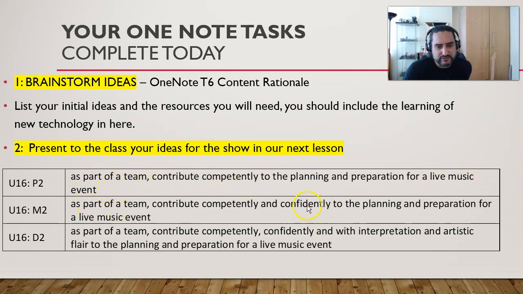For a merit, confidently contribute to the planning and preparation. And for a distinction, with interpretation and artistic flair to the planning and preparation. So we're looking for imagination, we're looking for confidence, and we're looking for a little bit of flair.